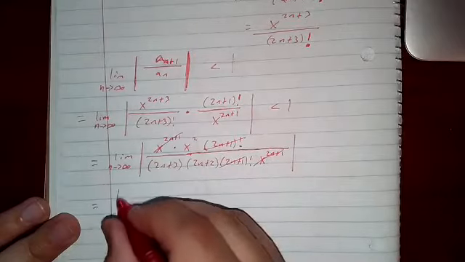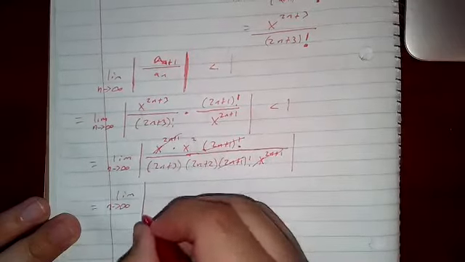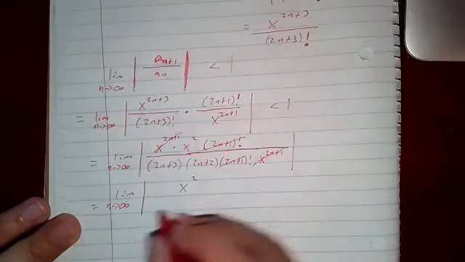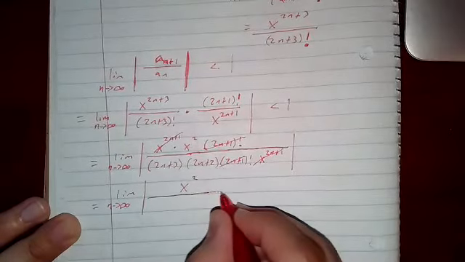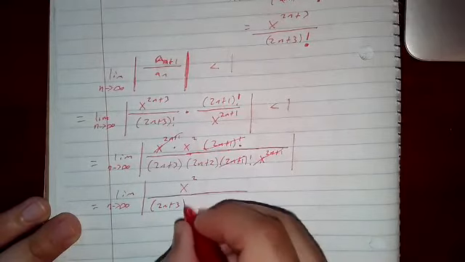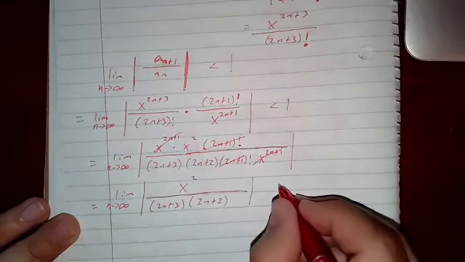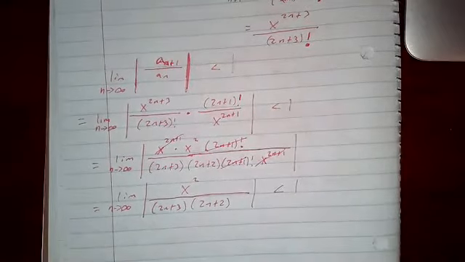than 1. We have the limit as n approaches infinity of x squared over 2n plus 3 times 2n plus 2. Is that less than 1?